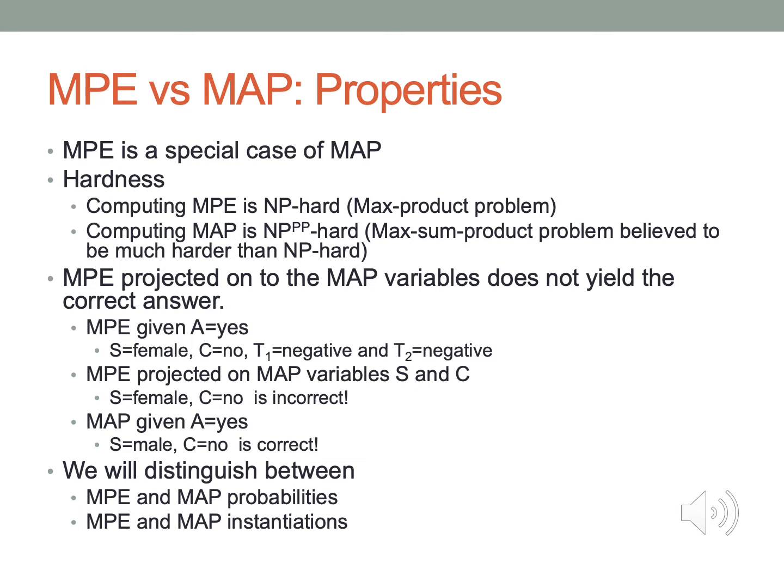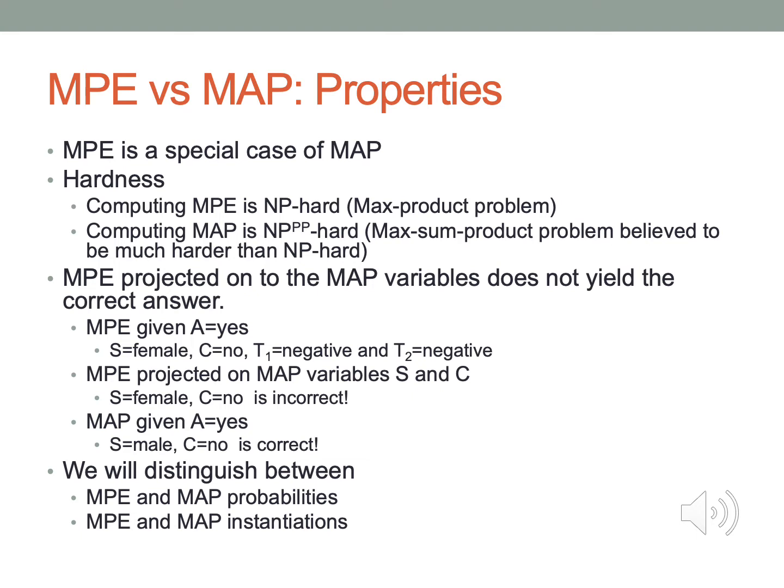So coming back to our running example, let us try this. Given A equals yes, you can verify that the MPE tuple is S equals female, C equals no, and both T1 and T2 are negative.